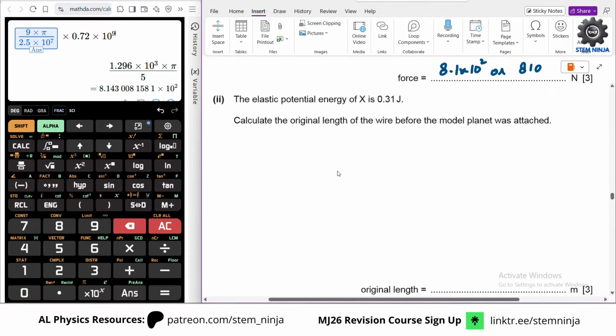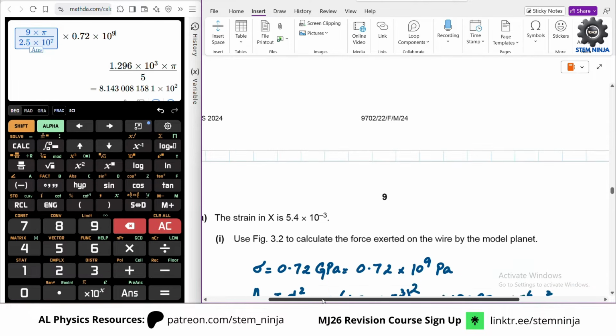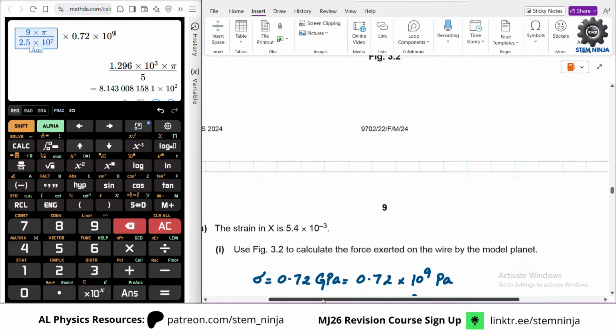The elastic potential energy of X is 0.31 joules. Calculate the original length of the wire before the model planet was attached. The elastic potential energy is this. We have the force. Do we know the extension? No, we don't know the extension.